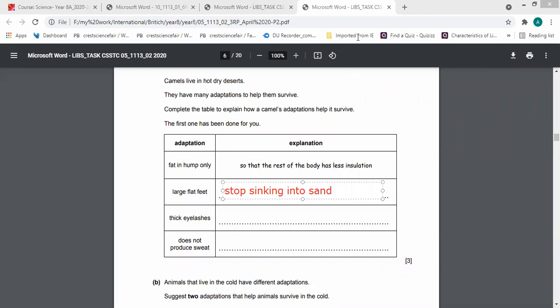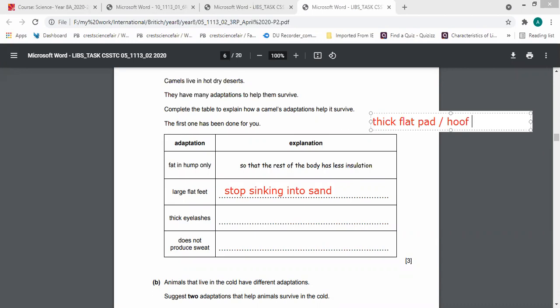I will write it here. Thick, flat pad. Okay, pad, the legs or the foot of camels. Like a horse: horses have hooves, not feet.